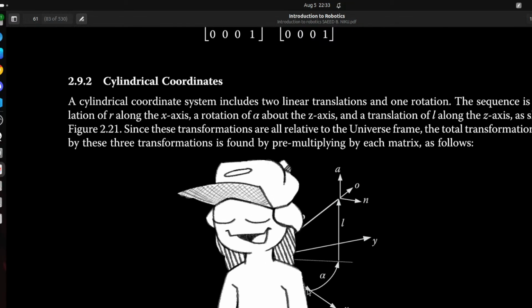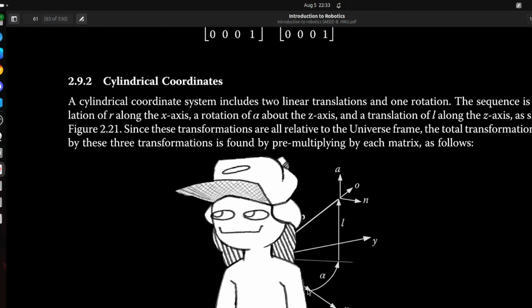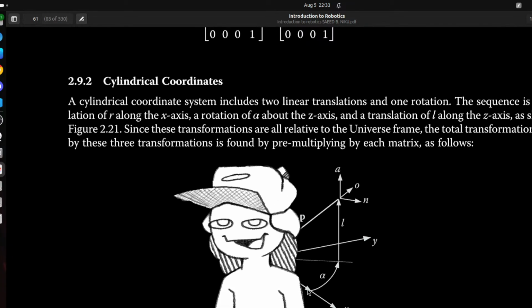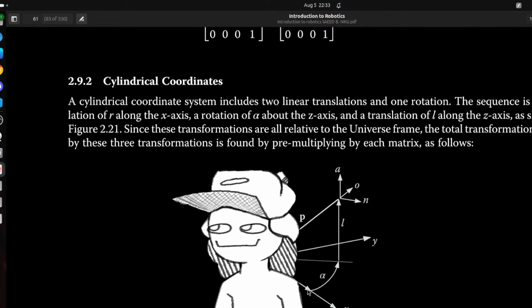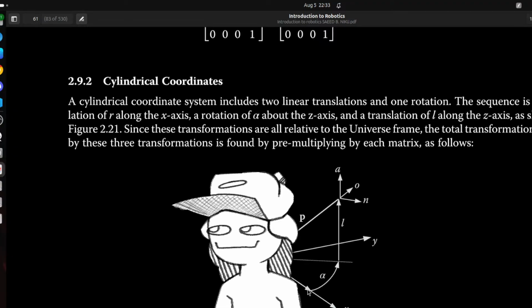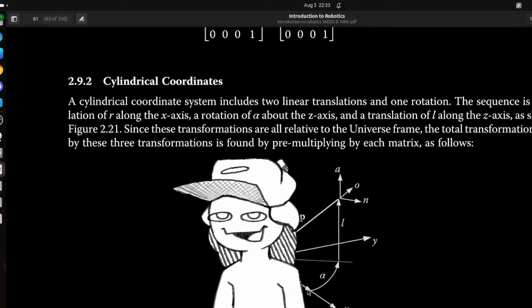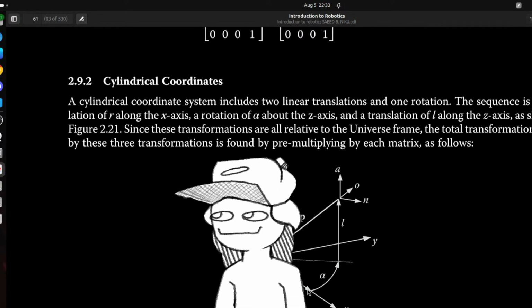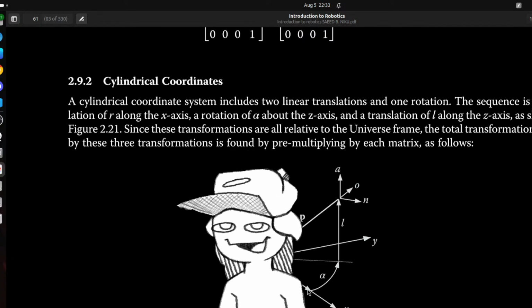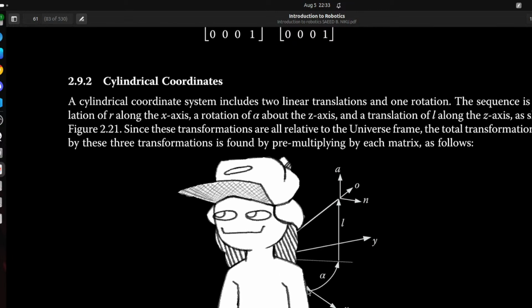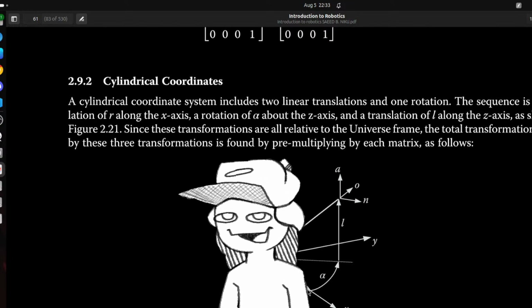That doesn't really sit with me. So they mean they rotated the position vector. I guess that's what rotating about the reference frame means.